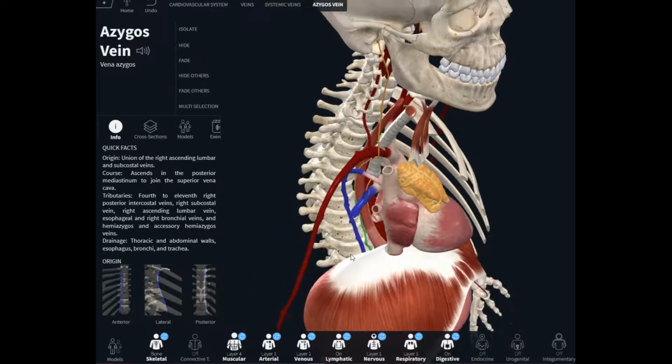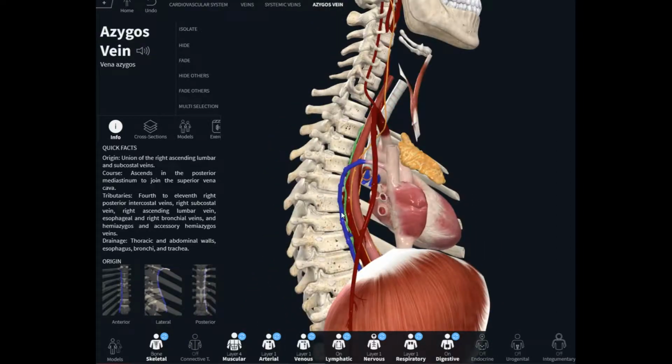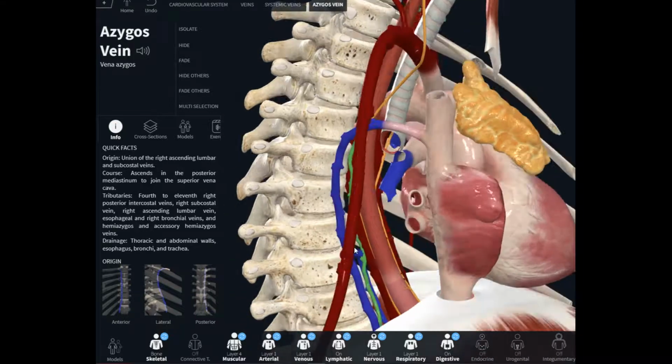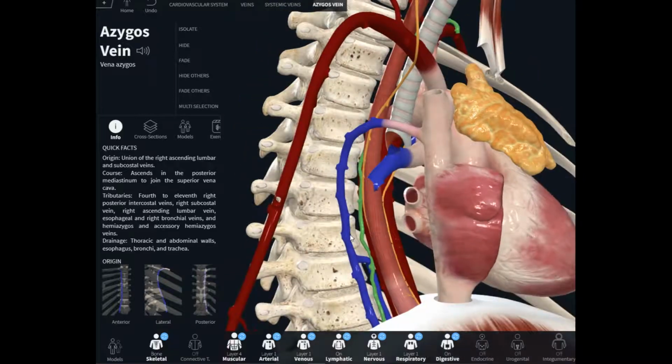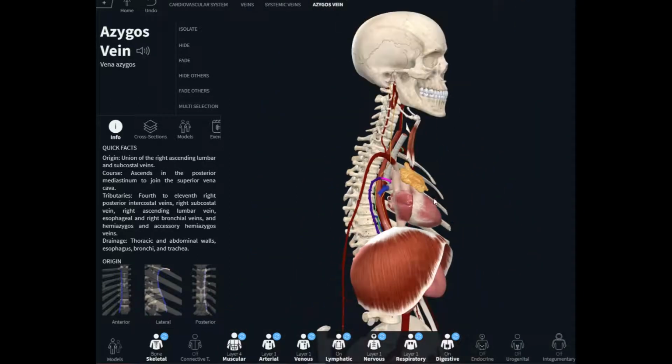Another thing we can notice here is a small vessel in green known as the thoracic duct. This is the major lymphatic vessel of the posterior mediastinum. That was the vessels, the bones, and the veins.